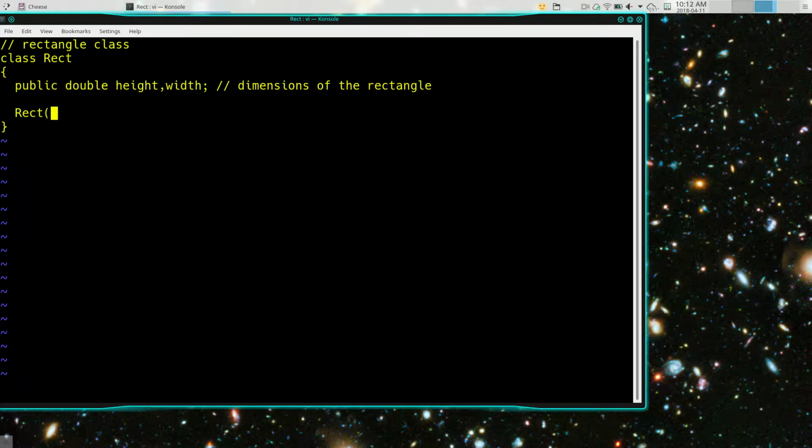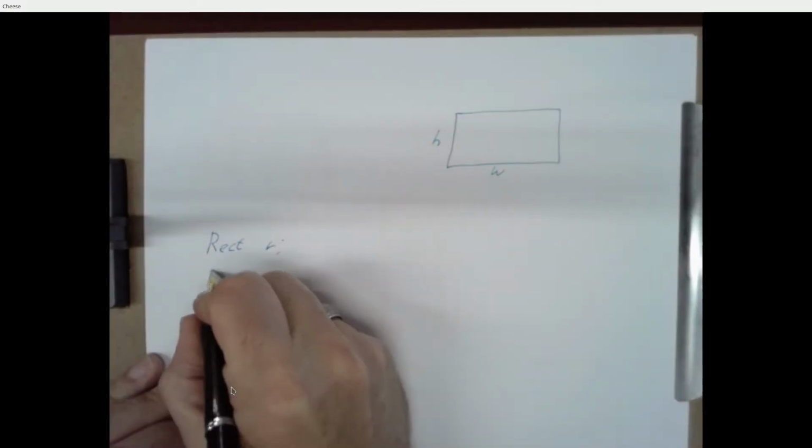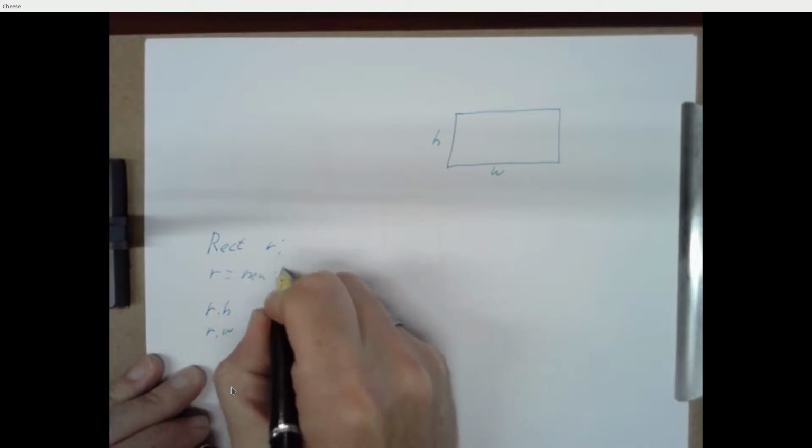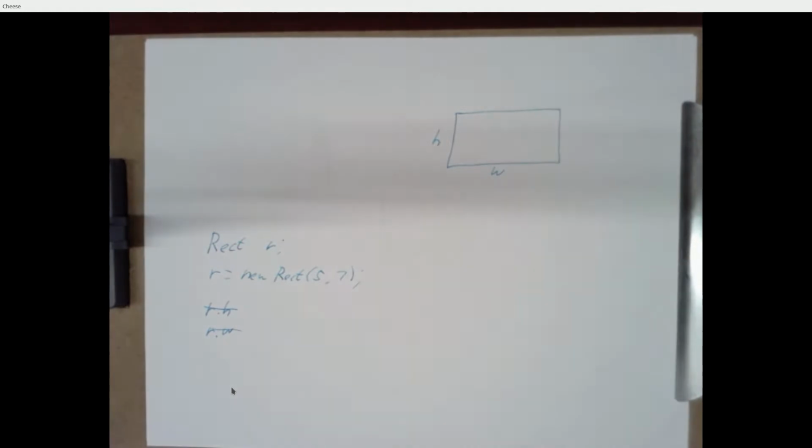So rect... so this constructs a rectangle, and now we can say something like R equals new rectangle 5, 7, and that'll set height and width accordingly.